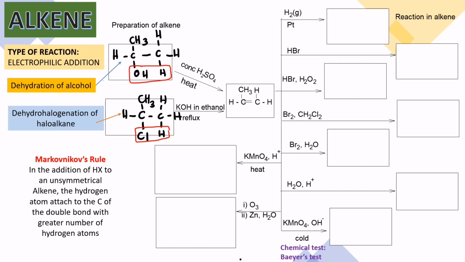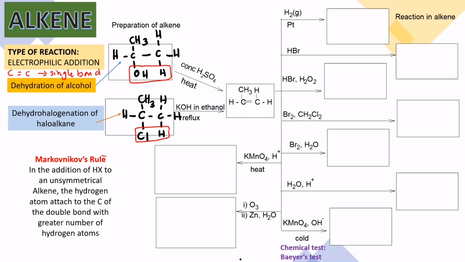Okay, now we proceed to reactions of alkene. Since the type of reaction in alkene is electrophilic addition, we can see that the C double bond C will form a single bond. So, the first reaction is hydrogenation.